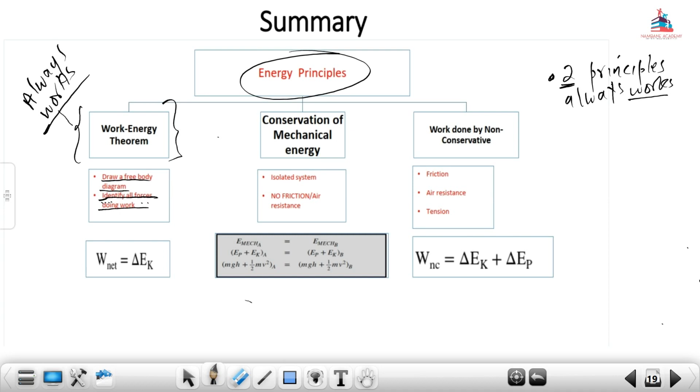But if I find that I have friction as one of the forces that I have identified, automatically conservation of mechanical energy will not work. So if conservation of mechanical energy will not work because I have friction, then the only option I'm left with is work done by non-conservative force.